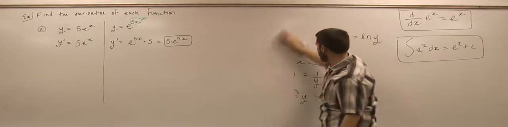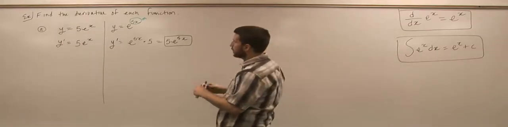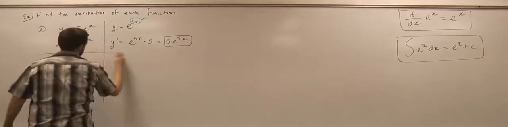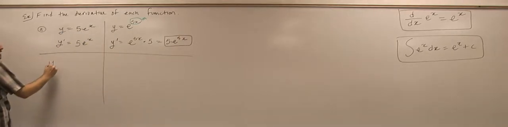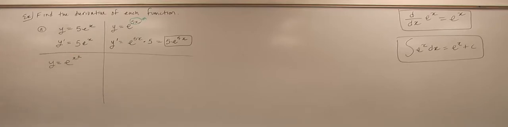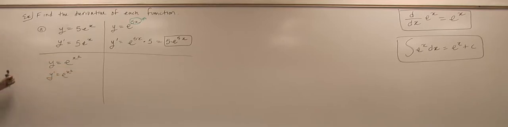So be careful, if that exponent is more complicated than just x, you have a chain rule. Come down here. y equals e to the x squared. The derivative of e to the x squared is just e to the x squared again, but then chain rule.